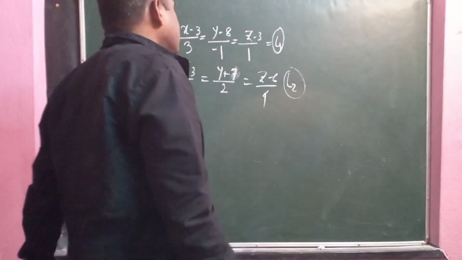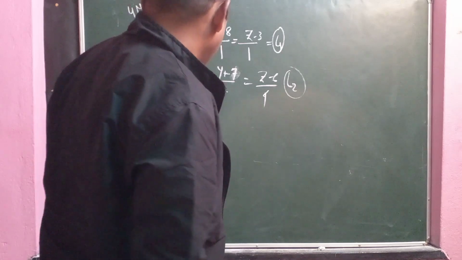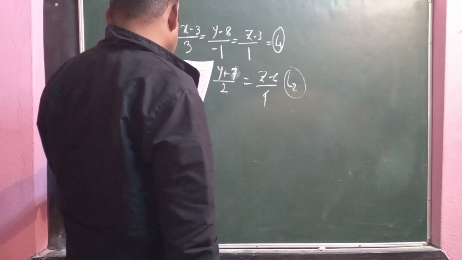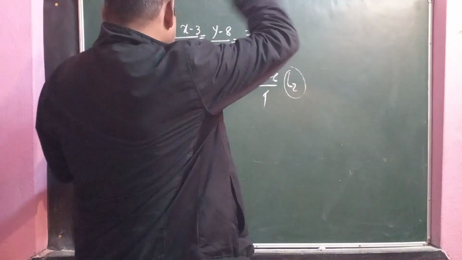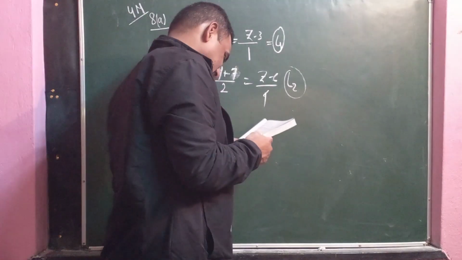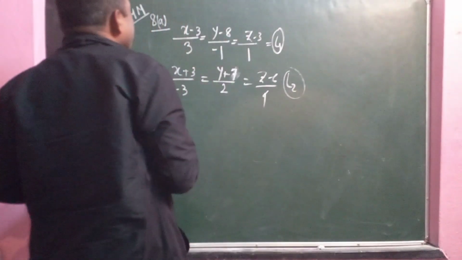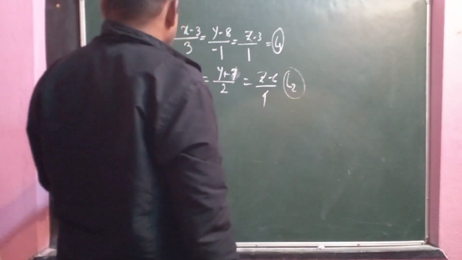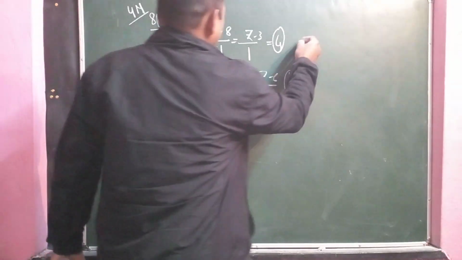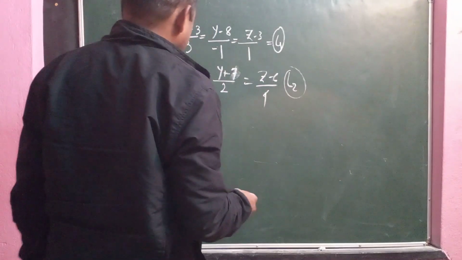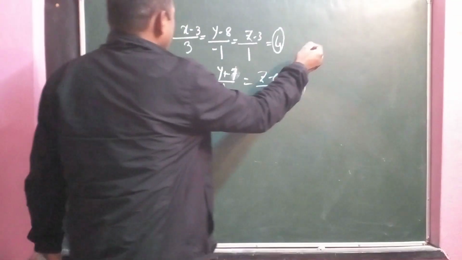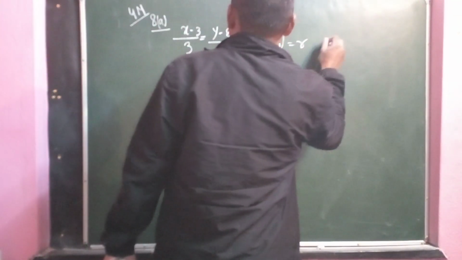How will you calculate the distance between them? How to calculate the angle between them and how to calculate the distance. Take any point on this line, suppose this is r.